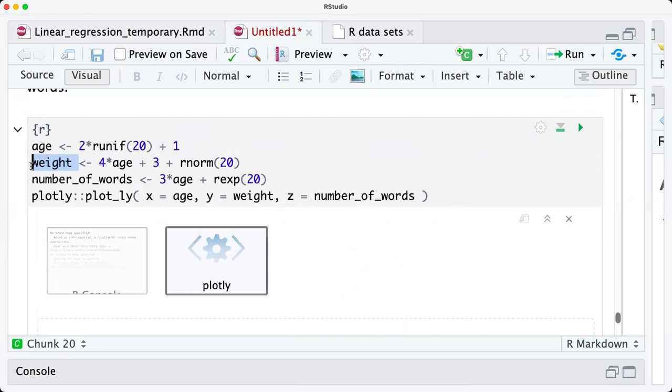But if we go up here, there is no causal relationship here. The weight, of course, doesn't have a number of words inside. There is no number of words inside this expression, and in the number of words, there is no weight.